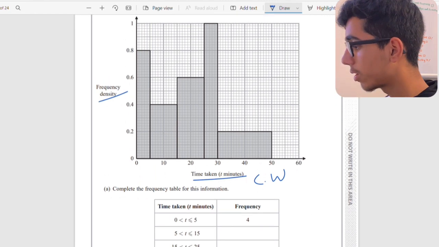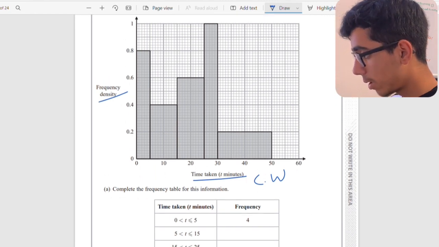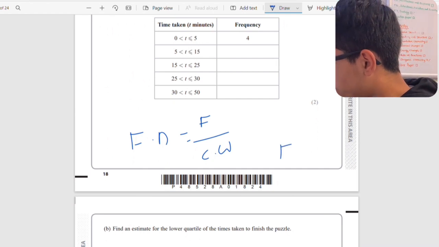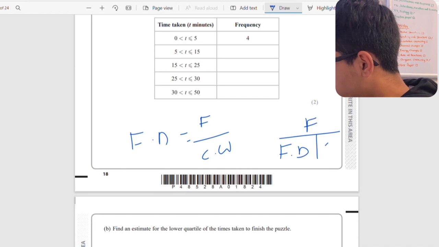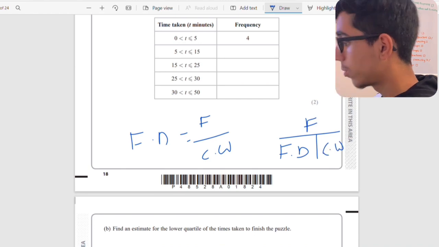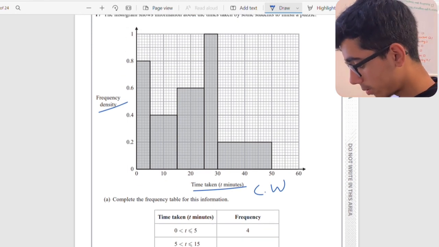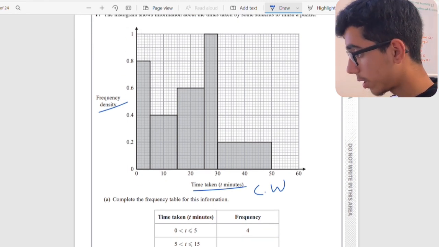Yeah, we can check because we know the frequency density is frequency over class width. Okay. Yeah, so they got that.